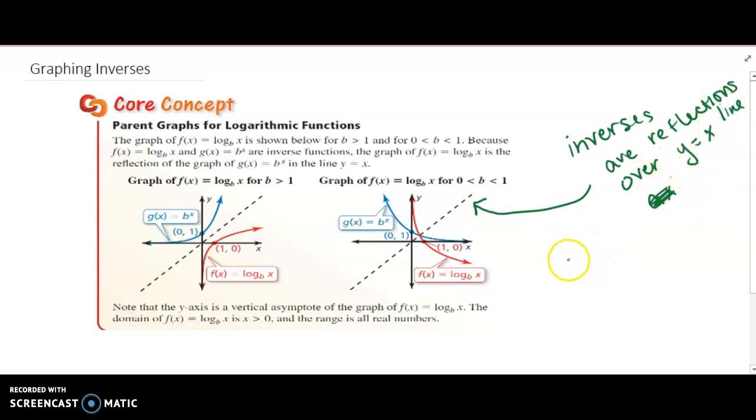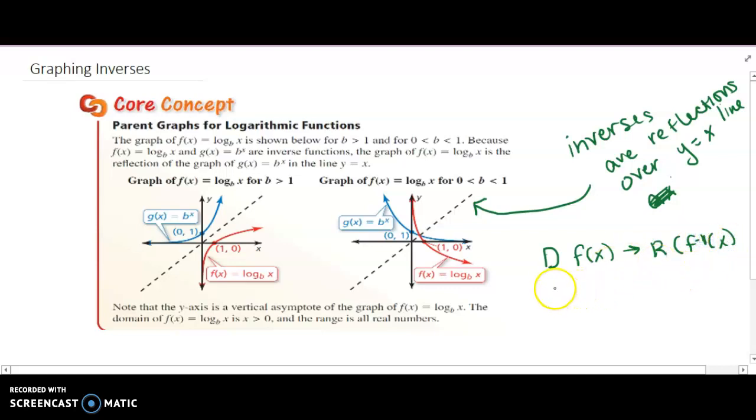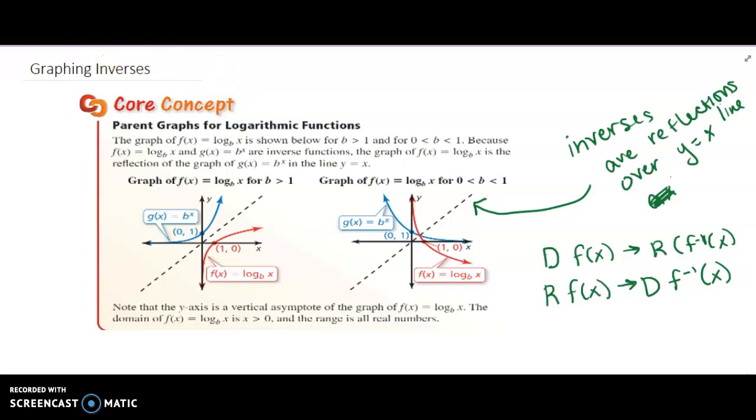And we're also going to use that the domain of f of x becomes the range of f negative 1 of x, sorry. So the domain of f of x is the range of f of x's inverse, and the range of f of x is going to be the domain of its inverse. Okay, so let's do an example.